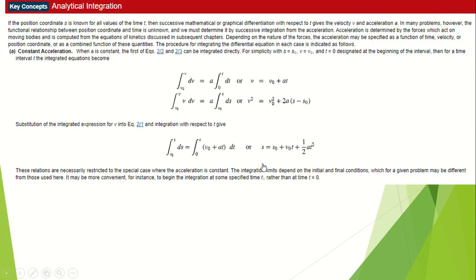If you can still remember, or if you cannot recall quickly, here are the formulas mentioned. Those formulas were derived from this concept, class. If the acceleration is not constant, we have this general formula that we need to use.